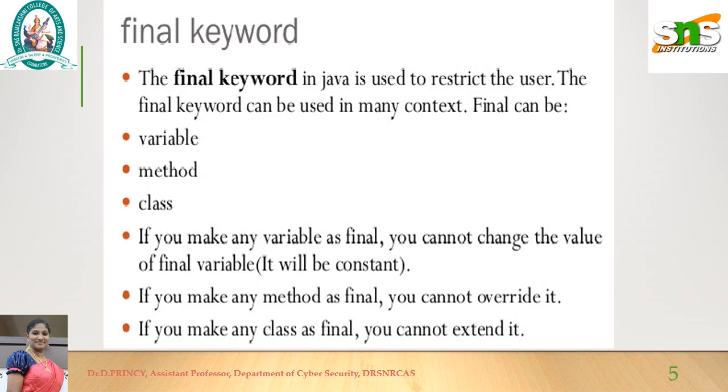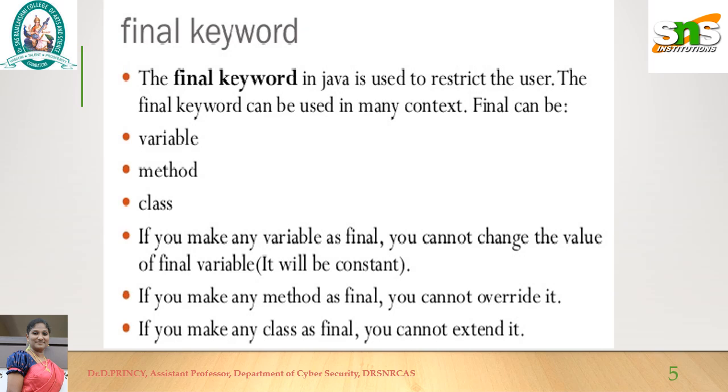When you use the final keyword with a method, you cannot override it. That means if you have a method with the final keyword in the superclass, it cannot be overridden in the subclasses. When we use the final keyword with a class, we cannot extend it.